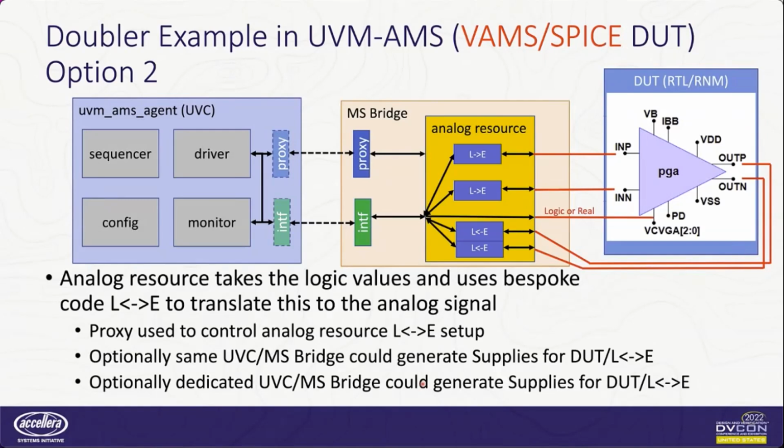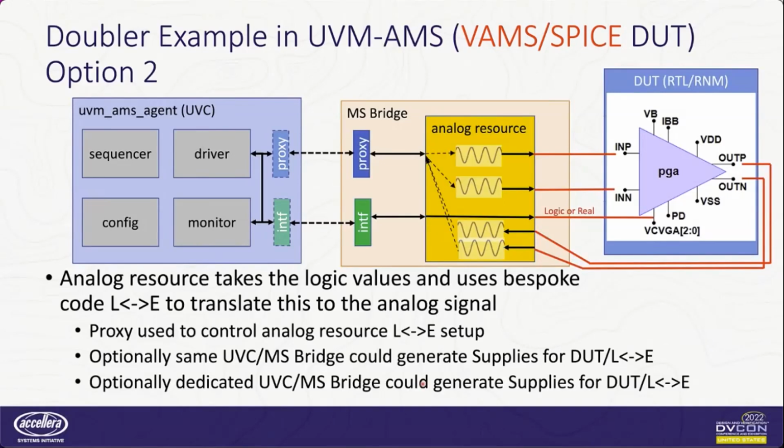I missed that point that you need to program the analog resource to know what the supplies are, because a logic 1 needs to associate with the actual value of the supply on the electrical side. So you'd use a proxy to specify what the supply is, and then now when a logic 1 is detected, it can drive the supply voltage on that electrical.